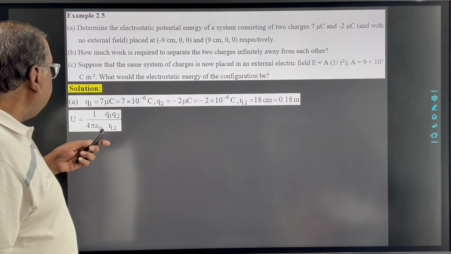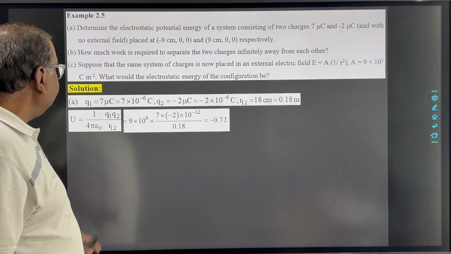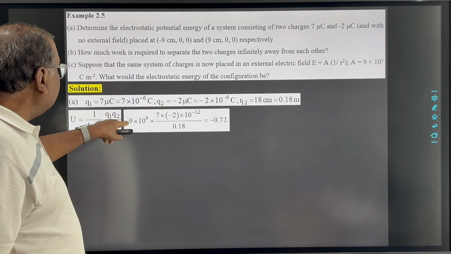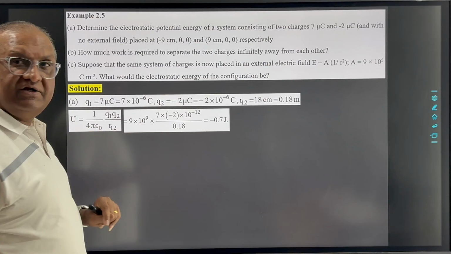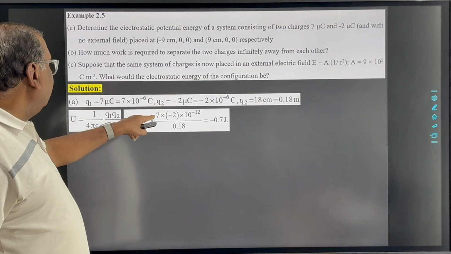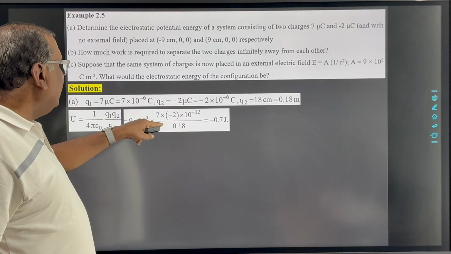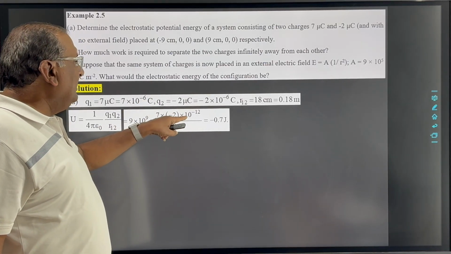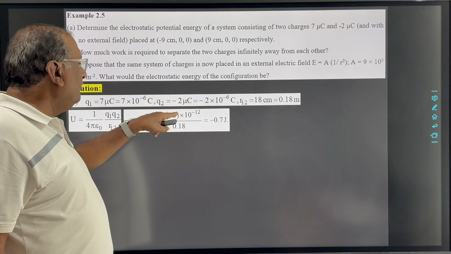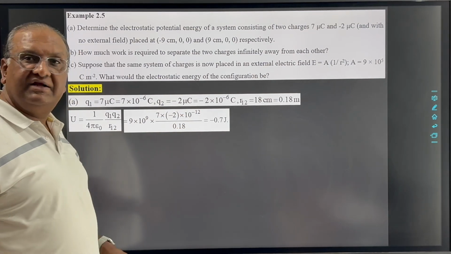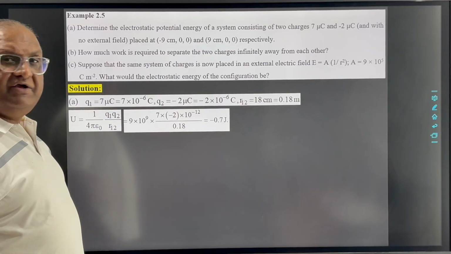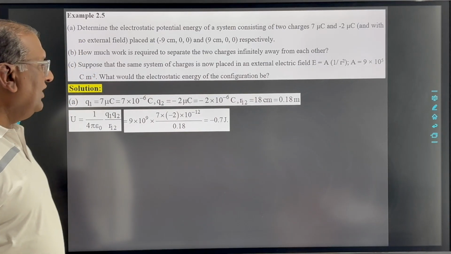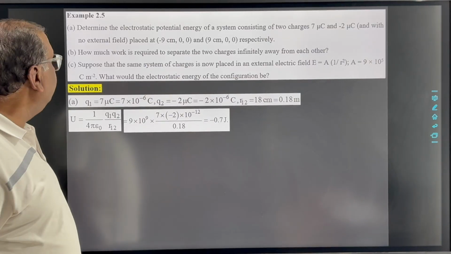Now if we substitute all these values here, then K, or 1 upon 4 pi epsilon 0, that is 9 into 10 raised to 9. Then 7 into 10 raised to minus 6, minus 2 into 10 raised to minus 6. So directly we can write 7 into minus 2 into 10 raised to minus 12, divided by 0.18, your answer turns to minus 0.7 joule.